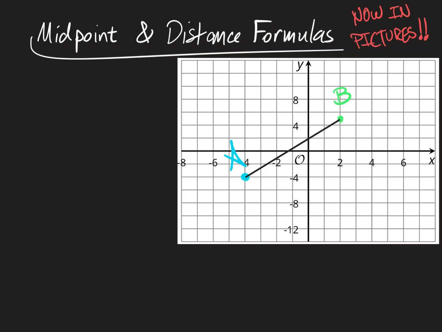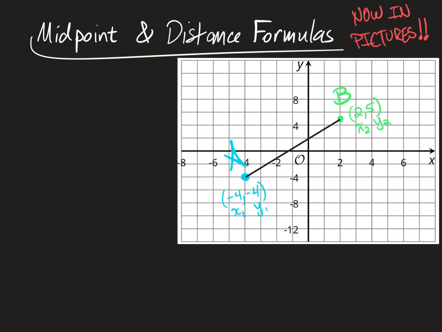We first have to identify the coordinates of these points, so let's do that really quick. There we go. From here, we can use the midpoint formula. We can say that this is x sub 1 and y sub 1, and this is x sub 2 and y sub 2.